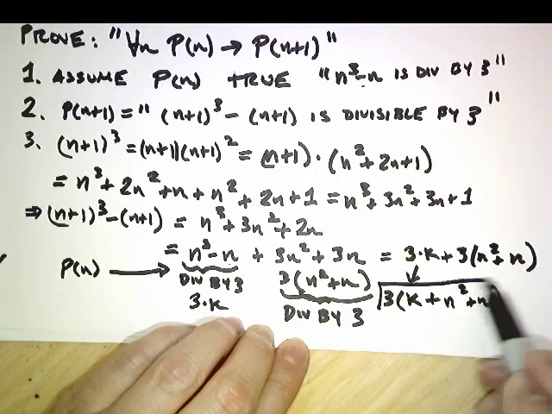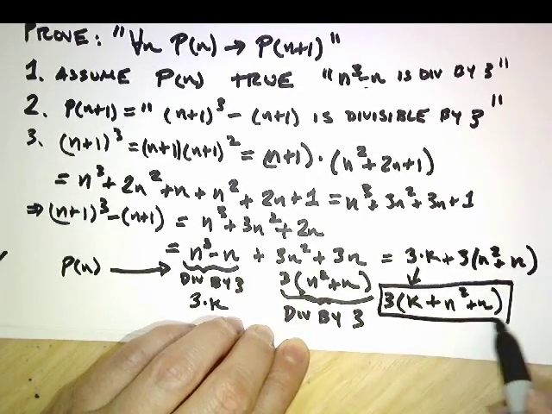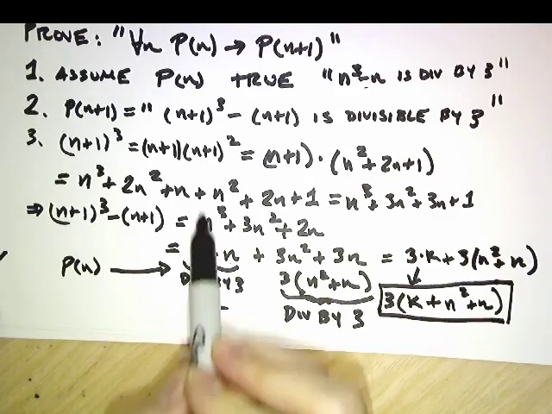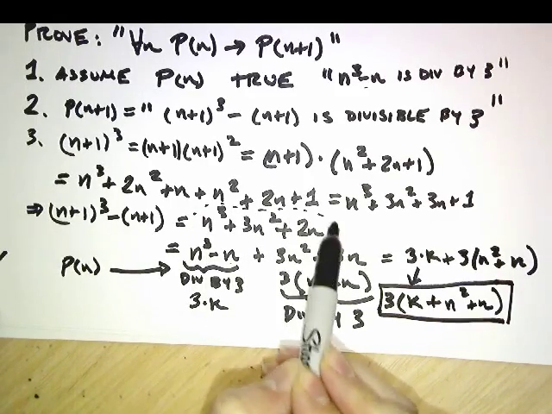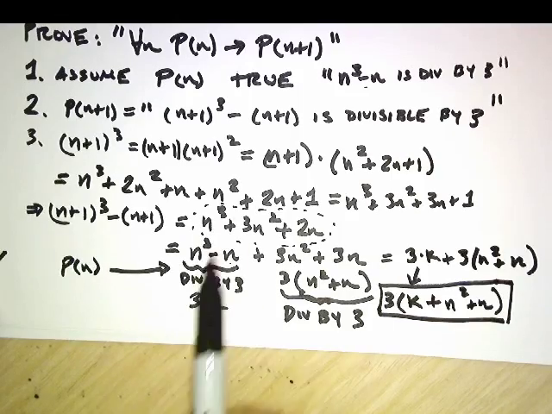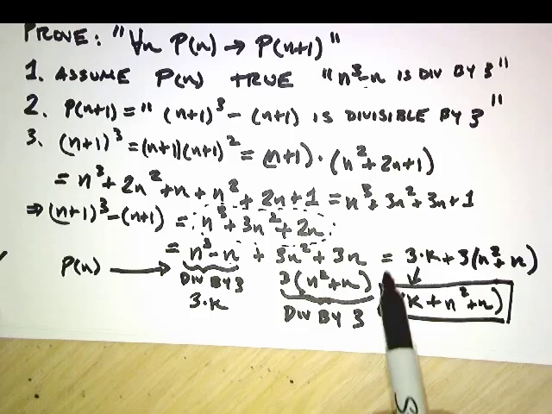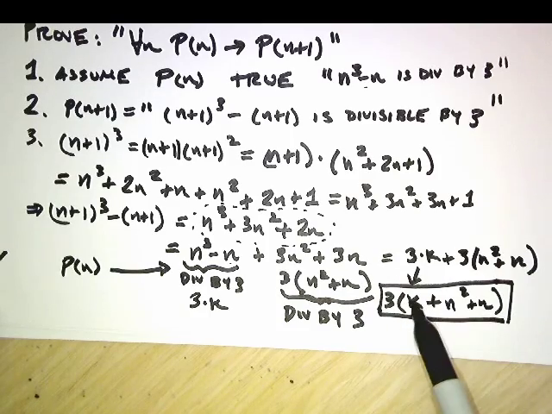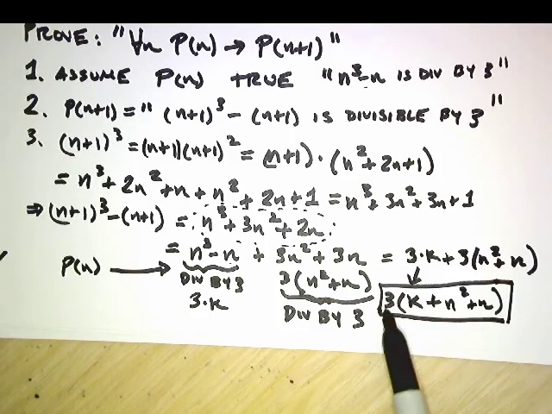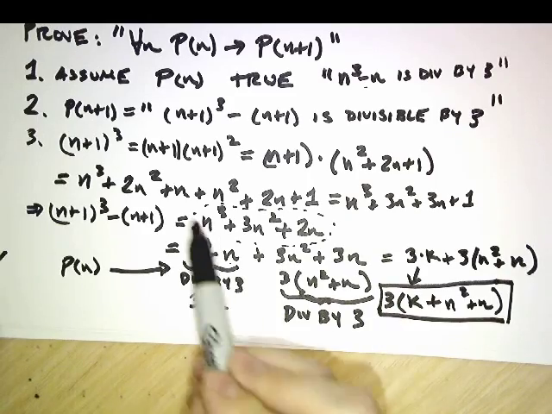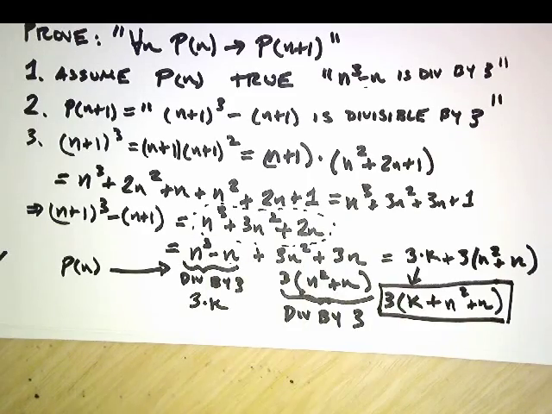And now you can see that this original expression, n plus 1 cubed minus n plus 1, is equal to 3 times some integer, and so therefore 3 divides this quantity evenly.